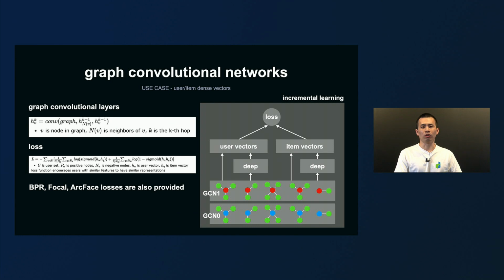BPR loss, focal, and ArcFace loss are also provided. Since it is too costly to train the models with all the data every day, incremental learning was applied. When a new node is added, the model structure will also be updated dynamically.